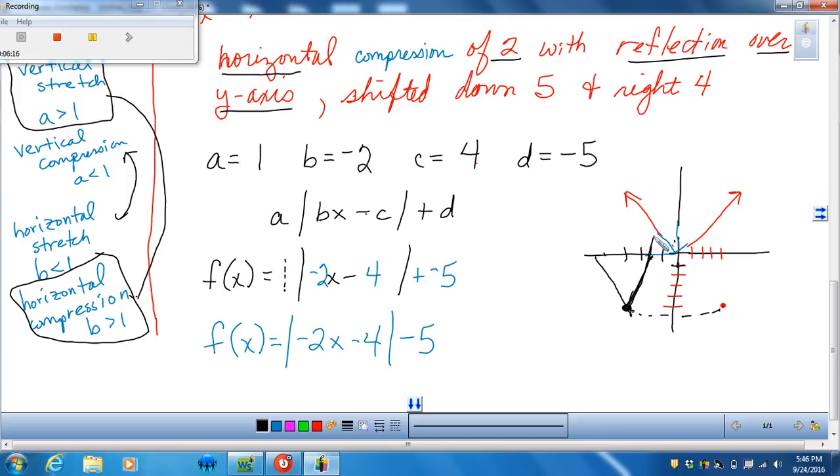If you're compressing it from the sides, then that means it's getting skinnier. And so it will be a little bit skinnier than its original parent. But the key to this, again, is that negative 2 for b means that my entire graph got flipped over the y-axis. And so it now ended up over here mainly in the third quadrant.